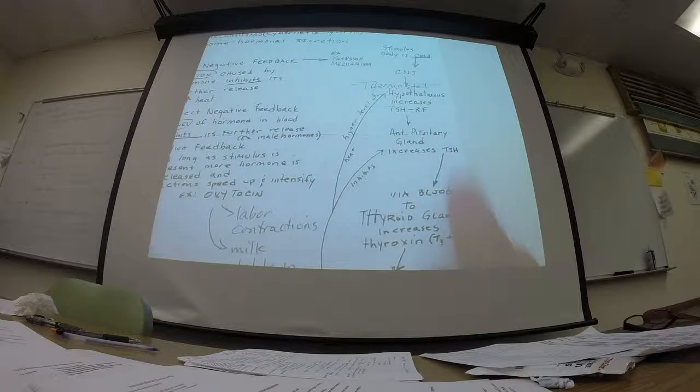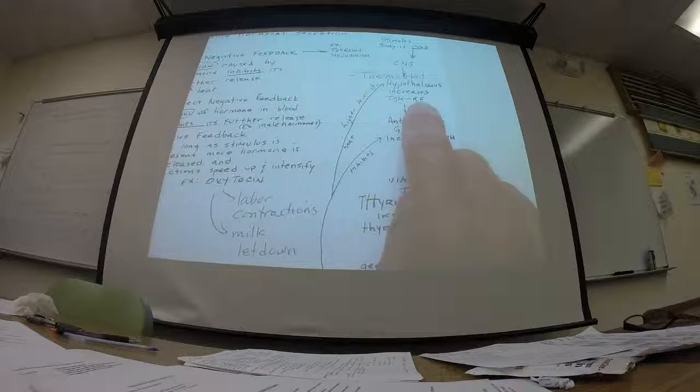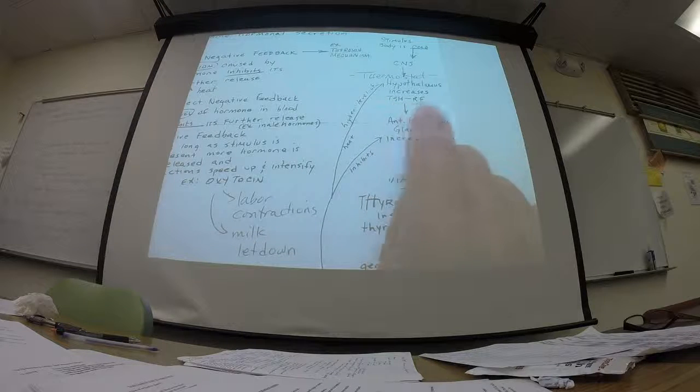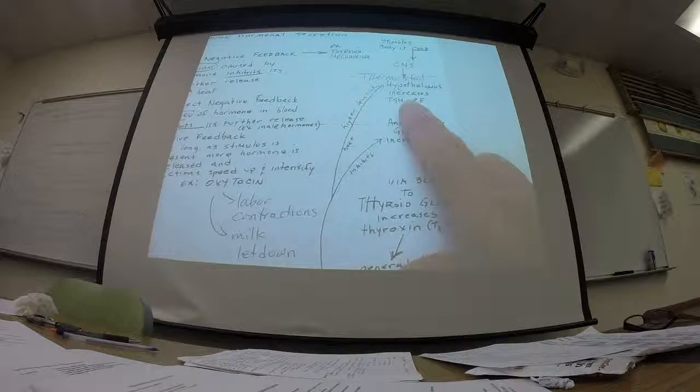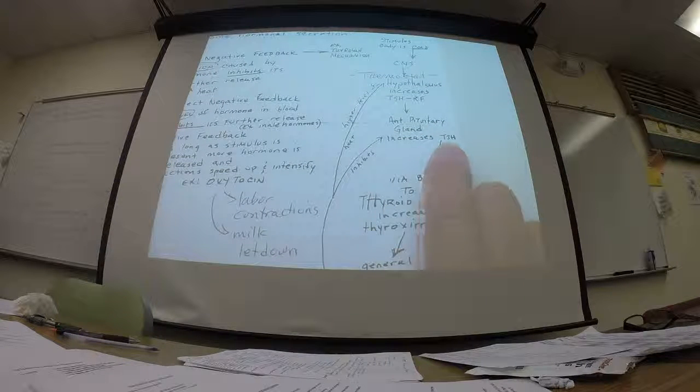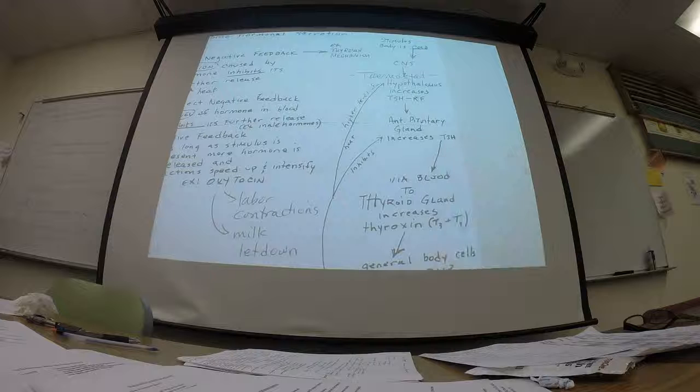So the hypothalamus has releasing factors. It releases thyroid stimulating hormone releasing factor, which goes into the bloodstream. All releasing factors only go to your anterior lobe of your pituitary gland, and it makes it release a hormone by the same name, thyroid stimulating hormone.